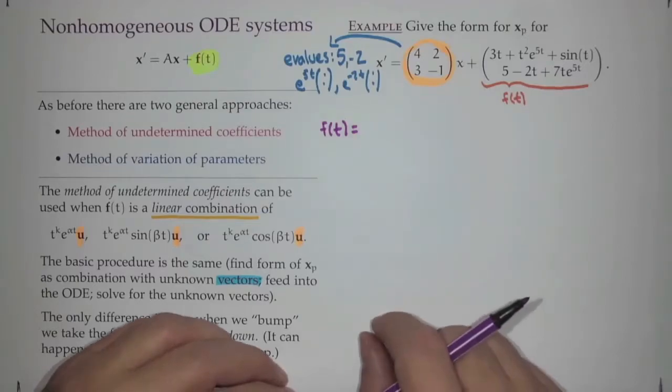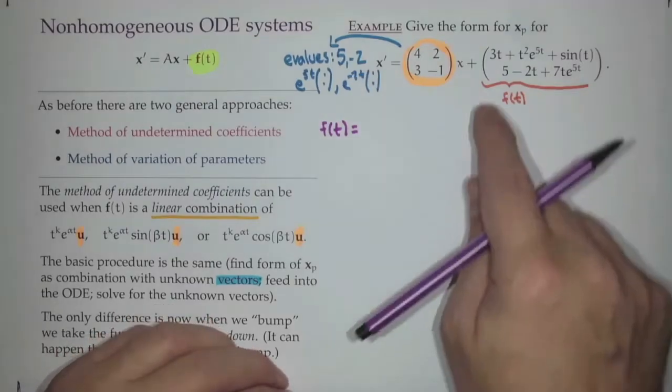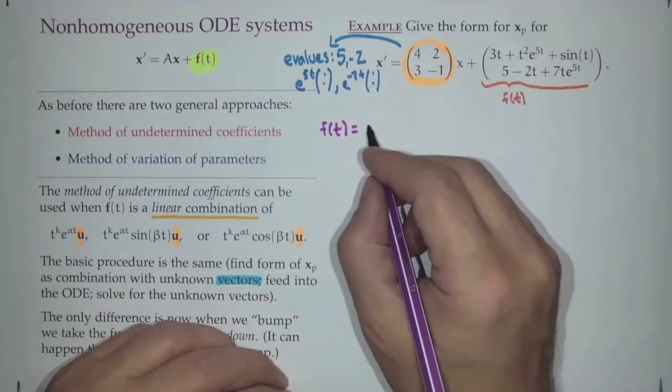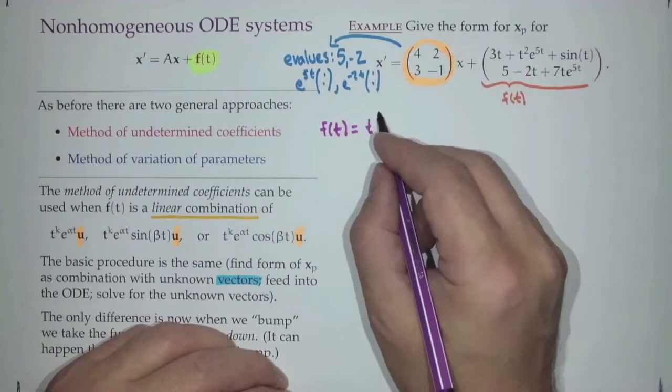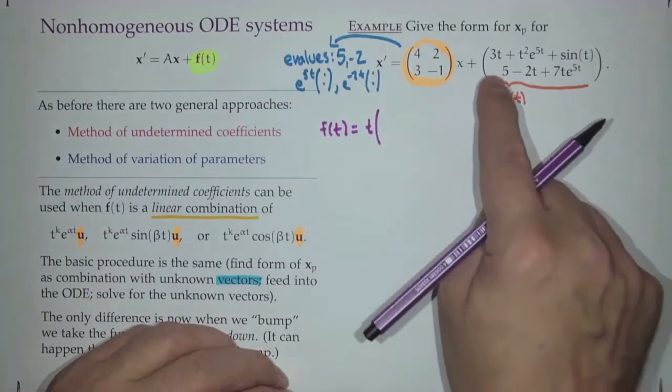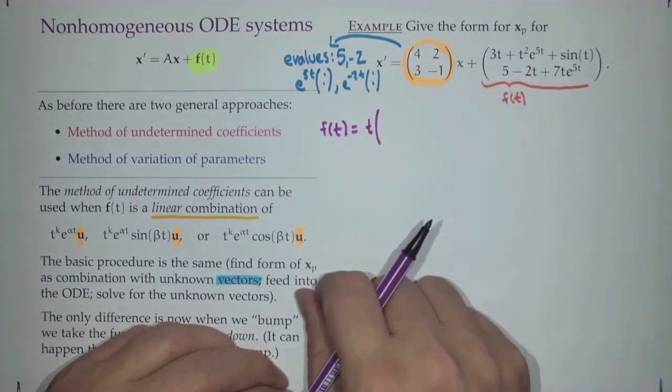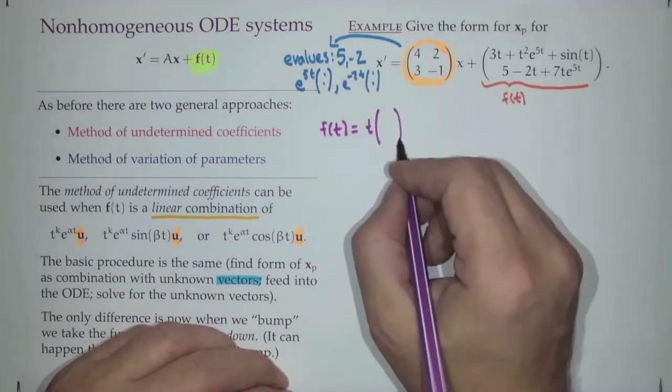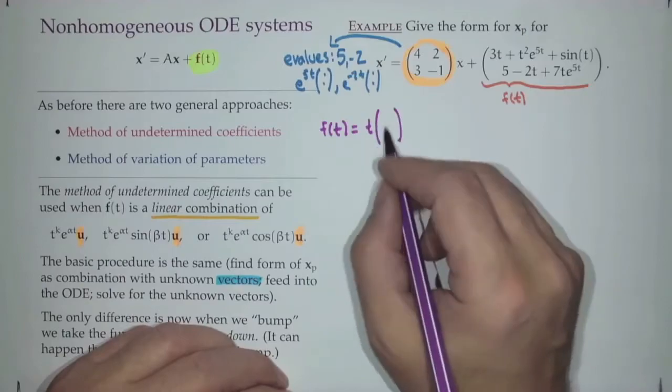Okay, we see a t. So let's pull the t part out. If I pull t out, what do I have here as a vector? Or we'll come back and fill it in later.